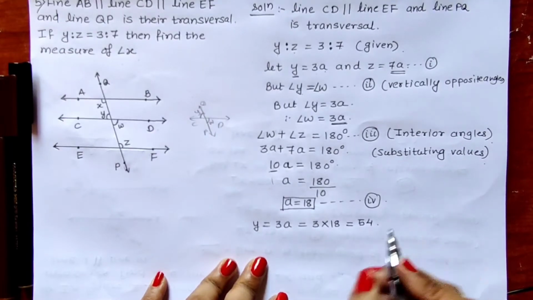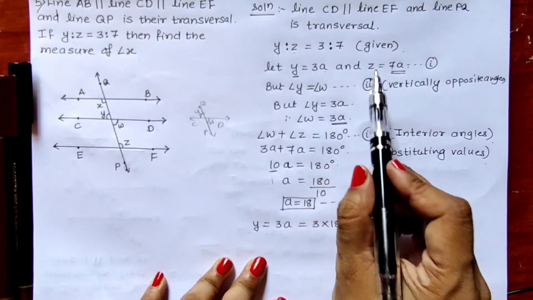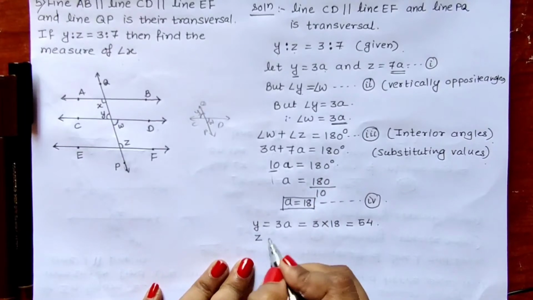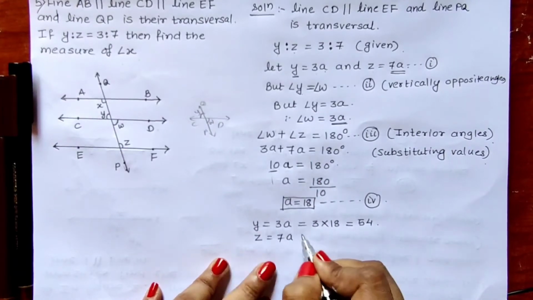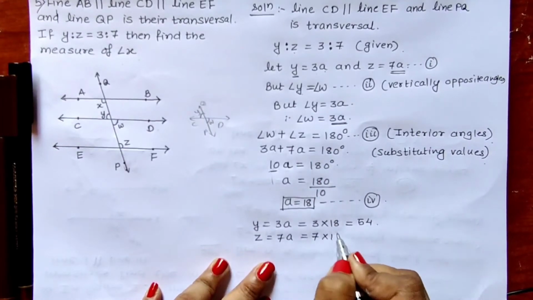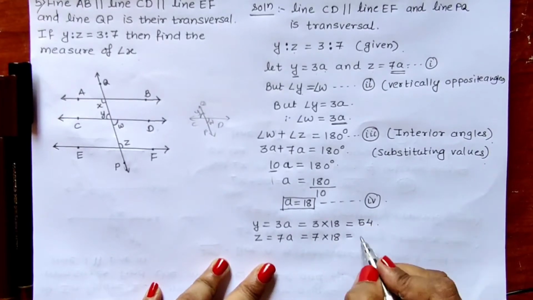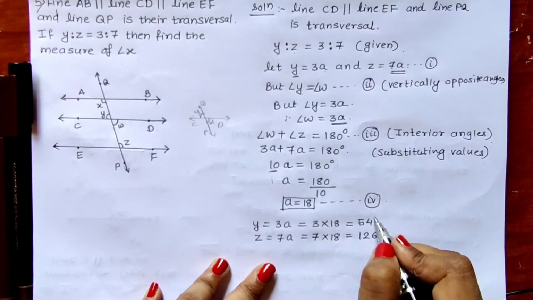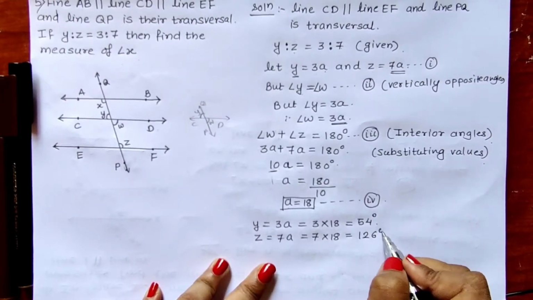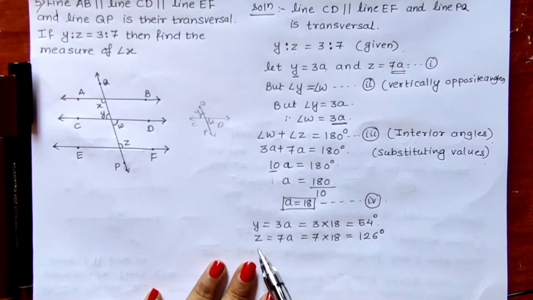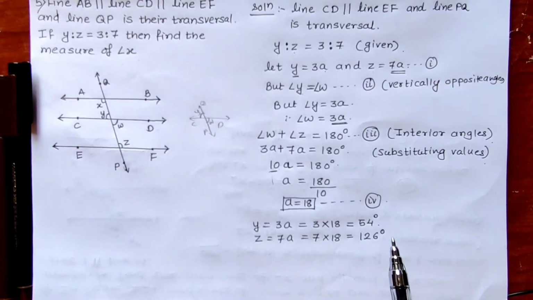Correct. And then Z is equal to 7a means 7 multiplied by 18. Value of A we will put 18. 7 times 18 is 126. So Y angle is 54 degrees and Z angle is 126 degrees.